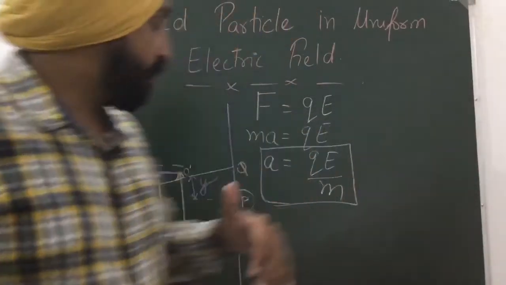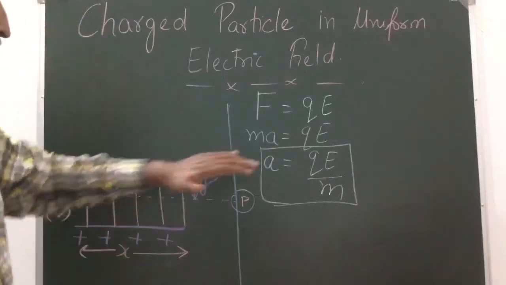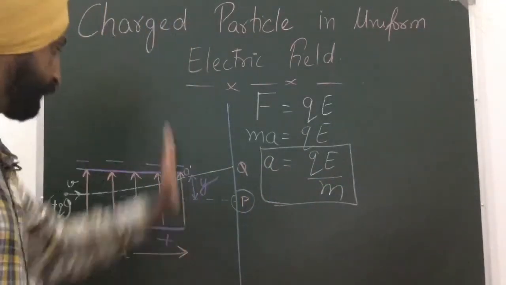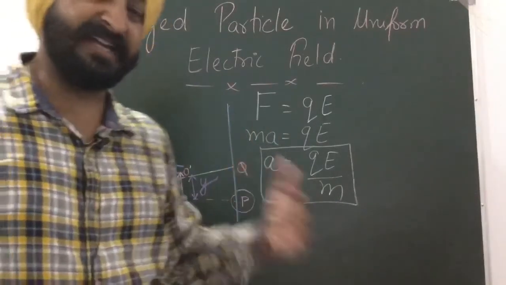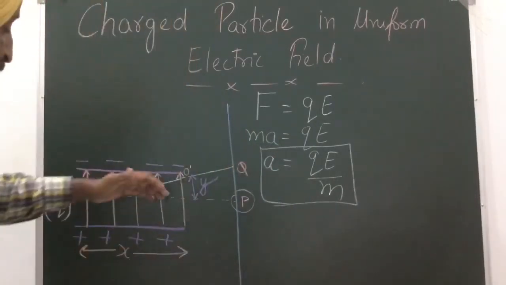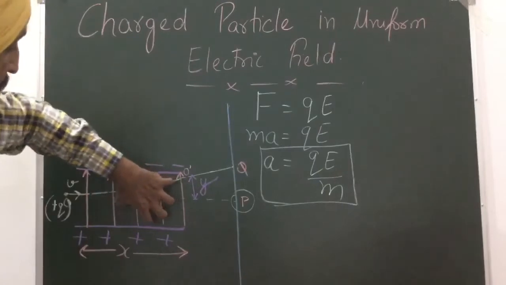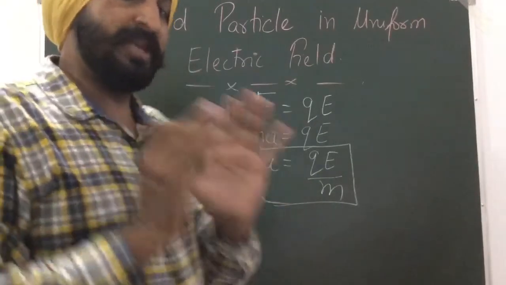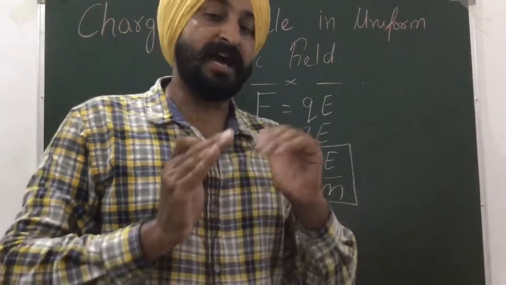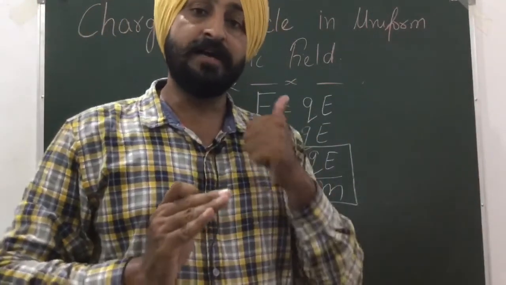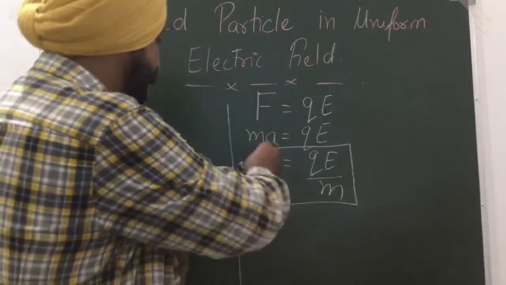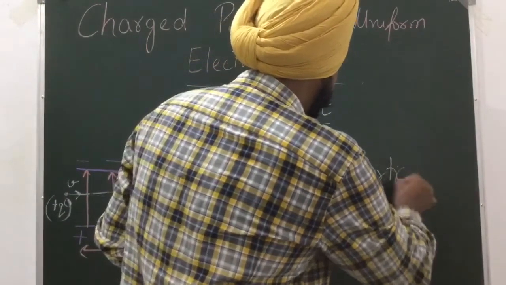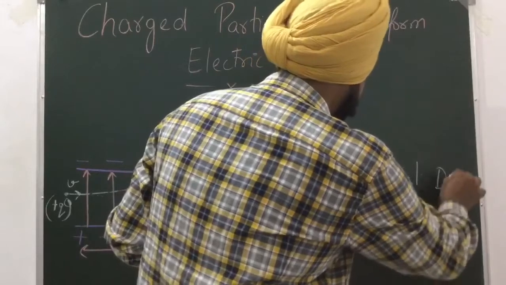Fine. Now what will be the direction of this acceleration? This acceleration will be in the vertical direction. Fine. The force which is acting over here is attracting that charge particle in the vertical direction. That is why this acceleration will also be experienced in the vertical direction.